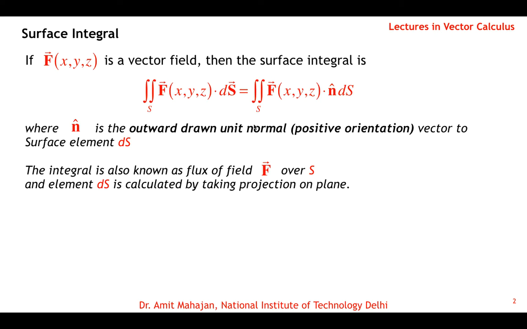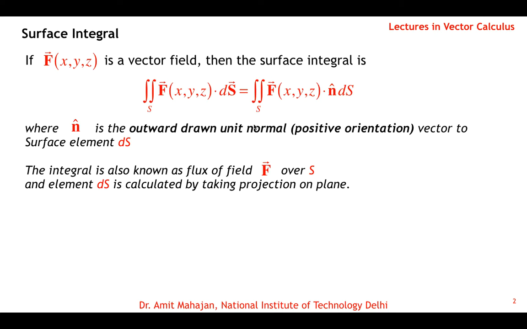So if you see some surface which is two-sided, like a solid sphere, then at any point there will be two normals. You have a sphere, and at any point if you calculate the normal, one normal is going away from the sphere, and one will be the inward normal.